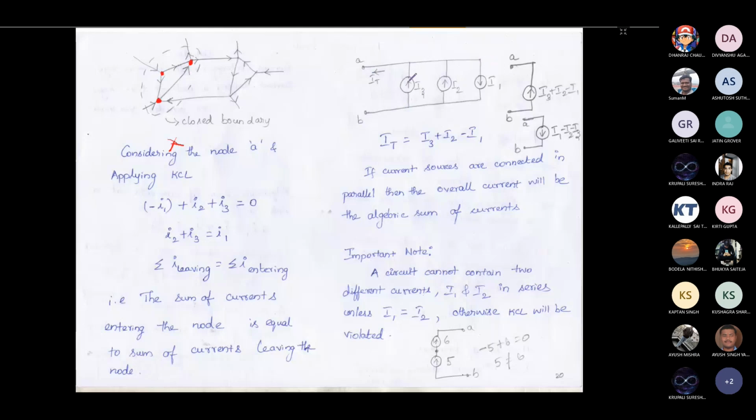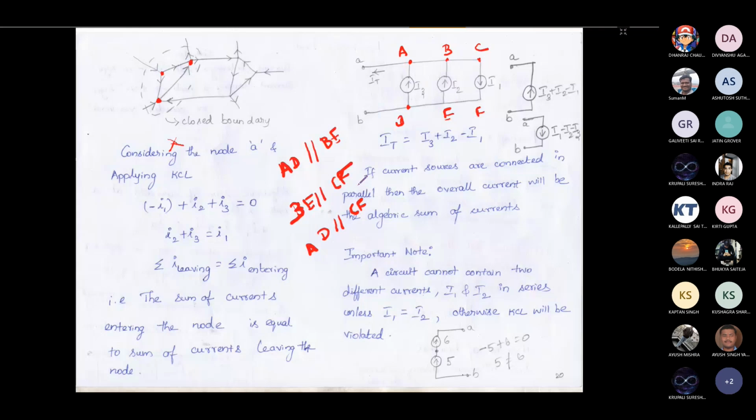Let's say this is terminal A, this is terminal B, and this is terminal C. If there is a resistor connected between these terminals, we'll consider them D, E, F. Now you can say that AD is parallel to CF, and BE is parallel to CF.